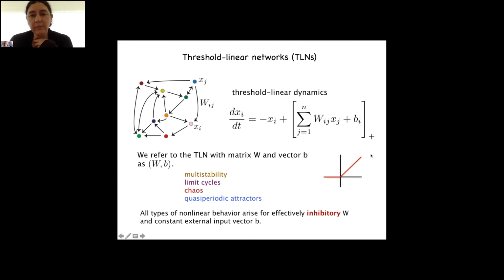And in particular, they can emerge for constant b, constant in time and constant across neurons. So it's not just an external input that's driving the interesting dynamics, but it's really intrinsically generated. But they can also arise for an effectively inhibitory W. And that is the case that I'm going to focus on, as suggested in my title: the inhibition-dominated case.